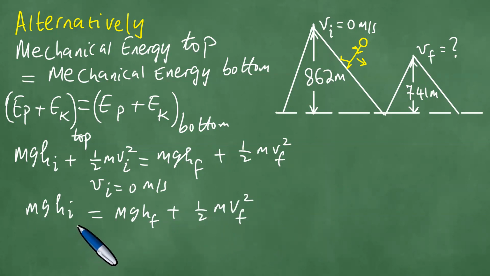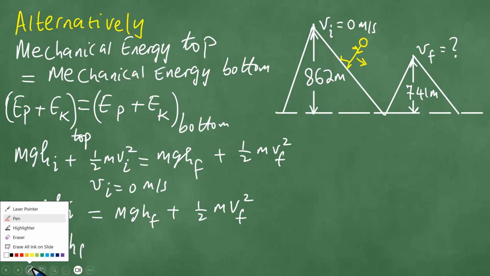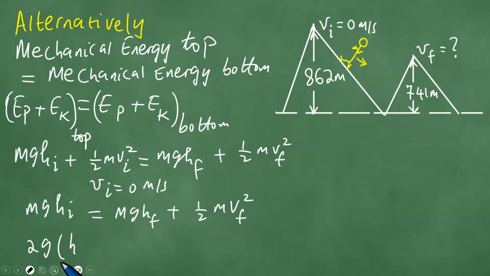Divided through by m, the mass, because it's common here, there, and there, and then you multiply it through by 2 and factorize the g. So that's going to be 2g into h initial minus h final, which equals vf squared.